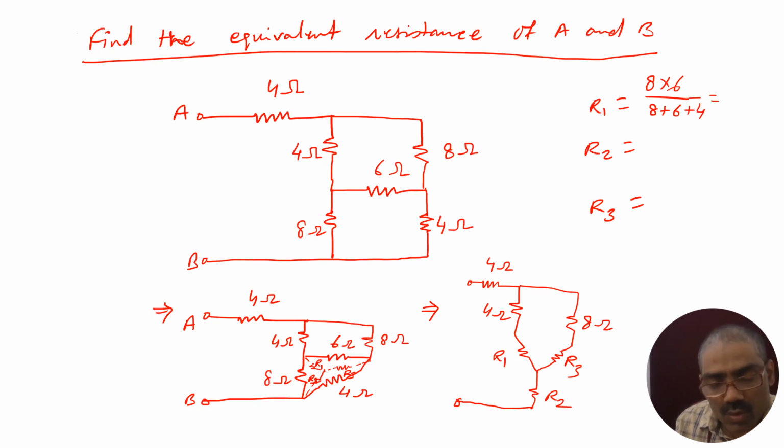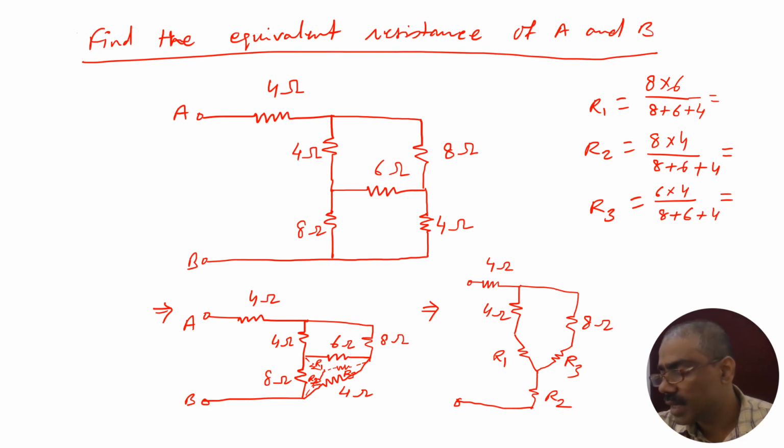Similarly, if you want to calculate the value of R2, here we are assuming R2. So here 8 into 4 by 8 plus 6 plus 4. Similarly, for finding the value of R3, here we have 6 into 4 by 8 plus 6 plus 4.